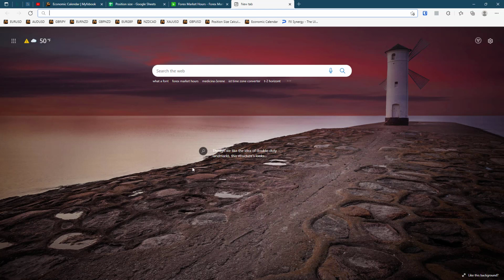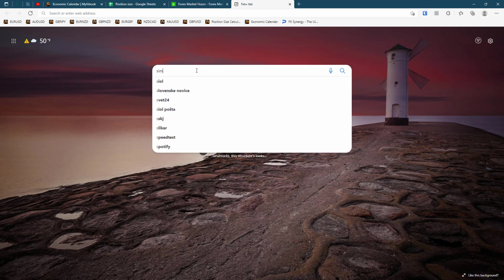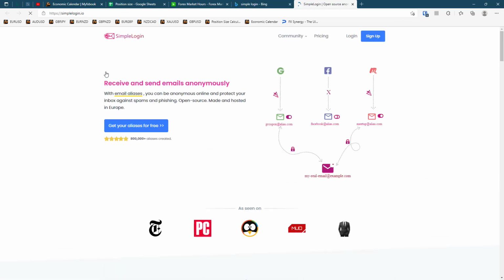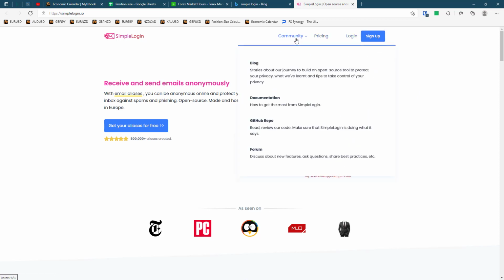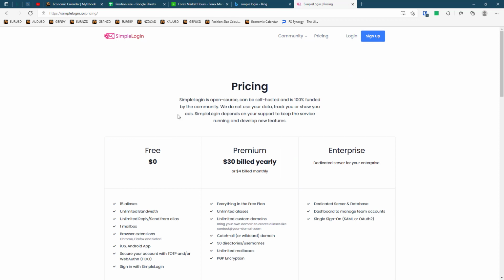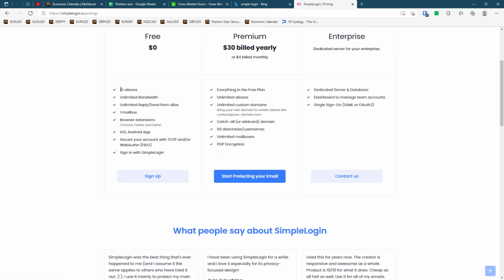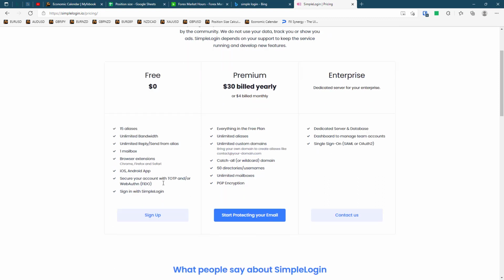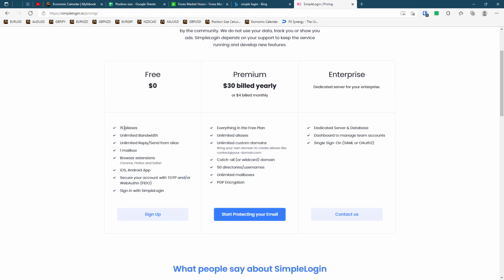It's called Simple Login. Here you can make an account and you get the free version with 15 aliases. This works like you open an email account and you redirect it to your mailbox.